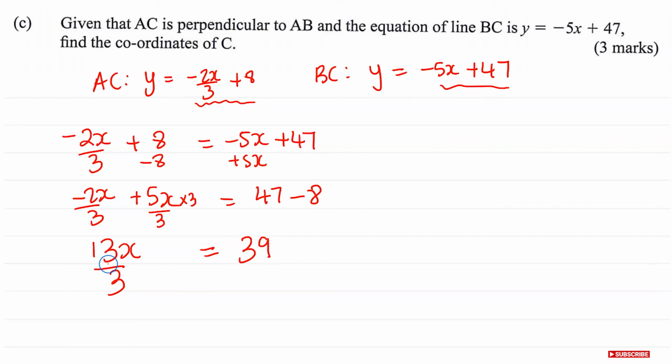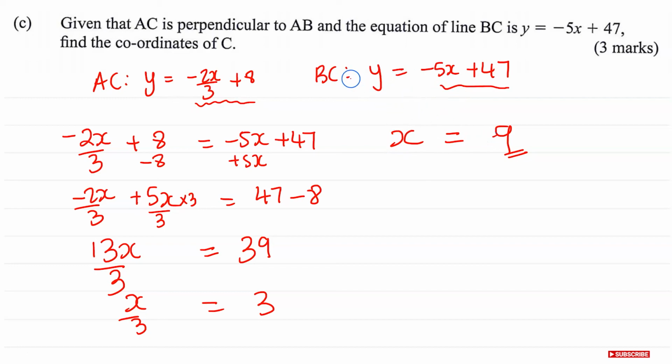Now, if you divide both sides by 13, you will get x over 3 equal to 3, which means now I can say x is equal to 9, 3 times 3. Now I know x is equal to 9, I can use this in one of these equations.